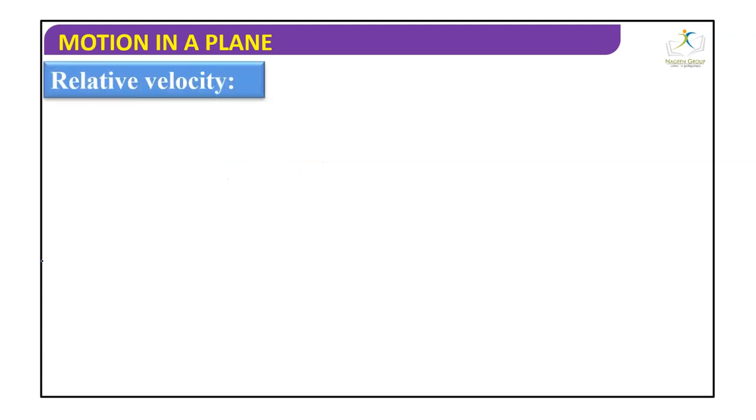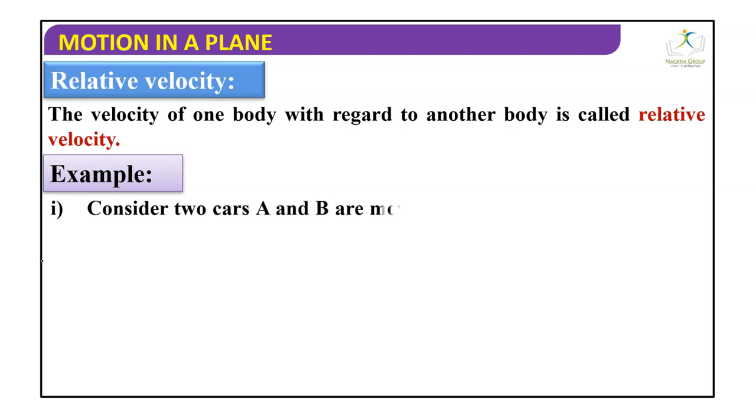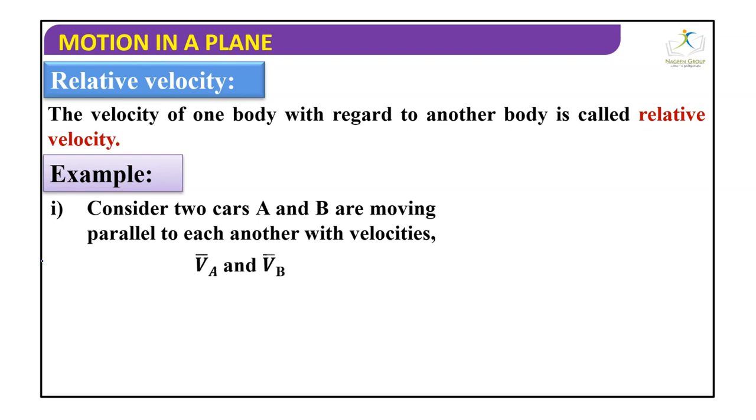Now let's talk about some more points about relative velocity. The velocity of one body with regard to another body is called relative velocity. For example, consider two cars A and B moving parallel to each other with velocities VA and VB.